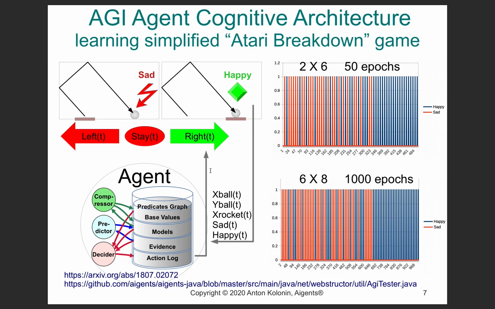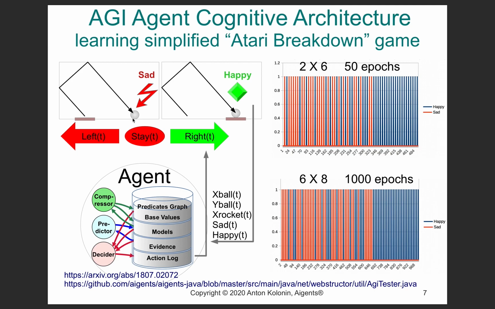Whenever the agent is capable of moving the rocket so it catches the ball, and the ball is not hitting the floor, then the agent is happy. And if the ball is hitting the floor, because the agent is not able to move the rocket in the right direction, then the agent is sad.